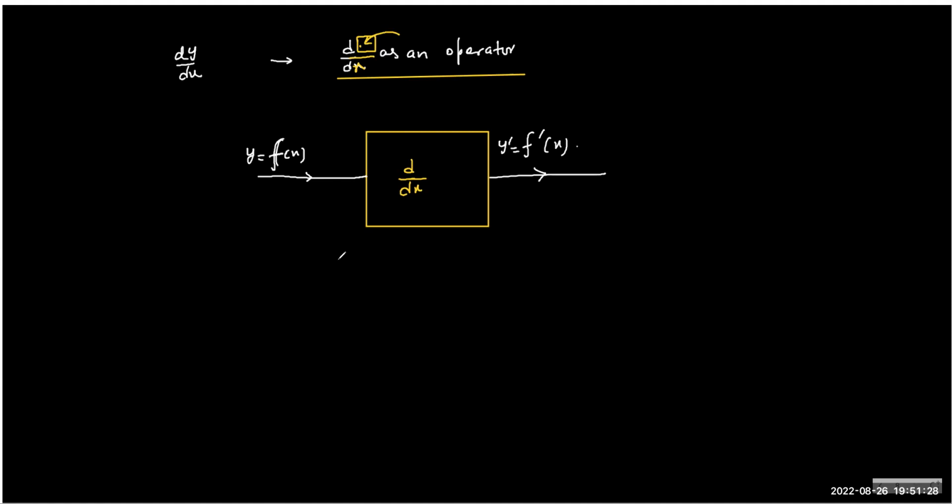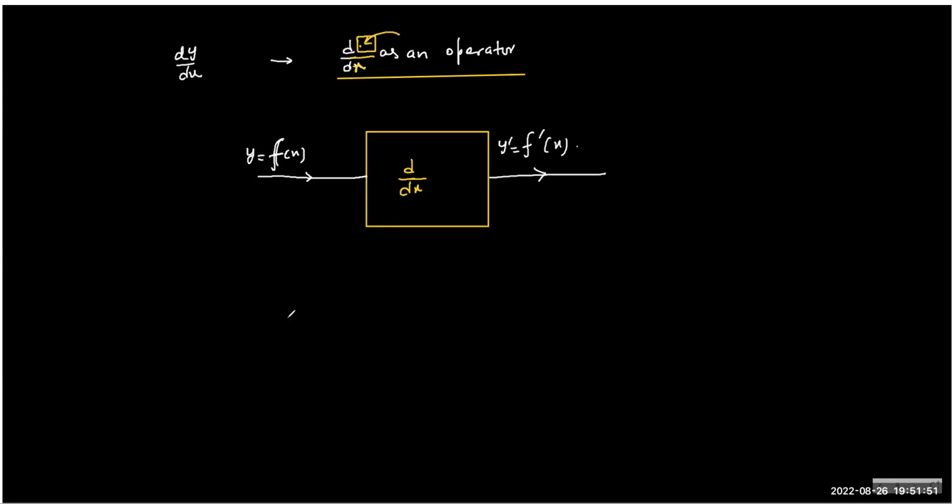You can think of it as one concrete symbol. So d by dx is now one unique symbol or notation. Under this operator, if something is given as an input, it spits out some output. And those outputs are predefined. Of course they can be derived, but you can think of them as predefined.